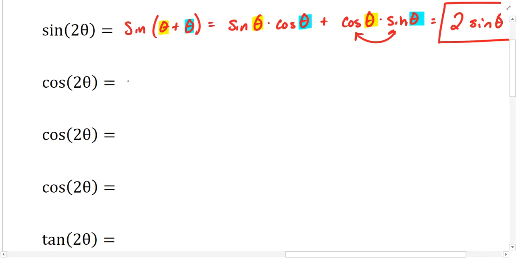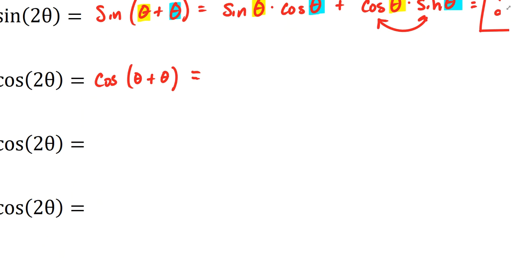In a similar sense with cosine, we know that cosine of 2 theta is the same as cosine of theta plus theta. 1 theta plus another theta is 2 theta. And using our additive identity, we should recall that this is cosine, cosine, sine, sine, with a subtraction in between.